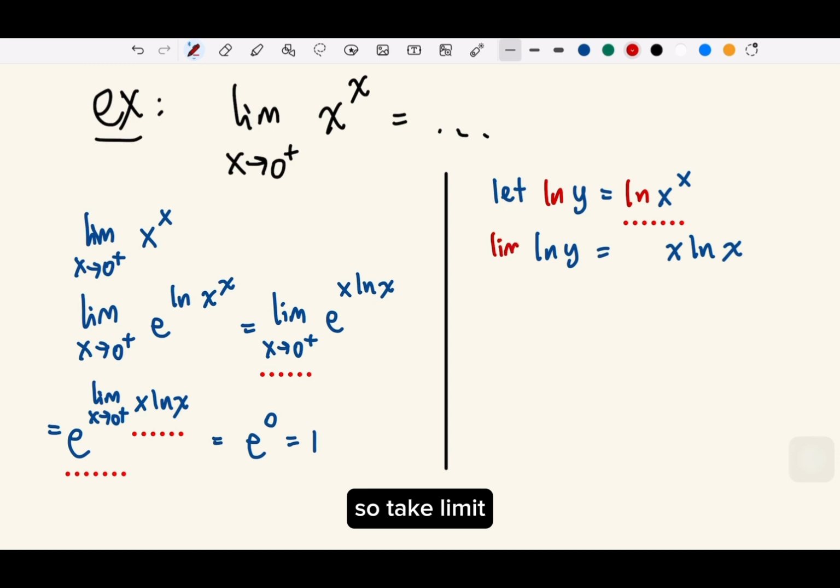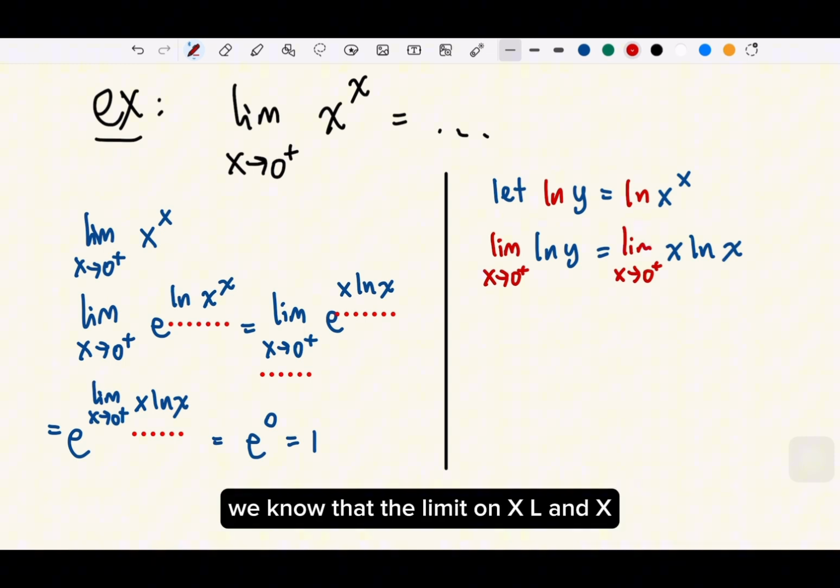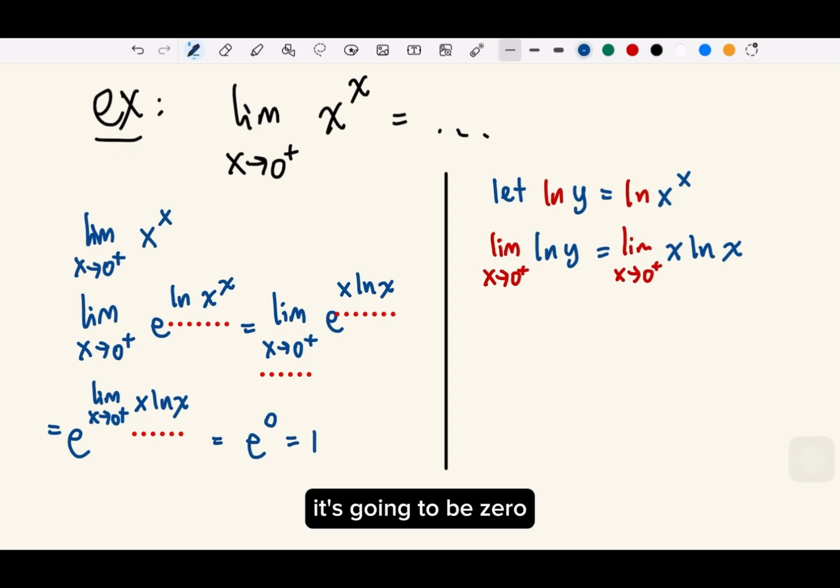We know that the limit of x ln x is going to be 0.